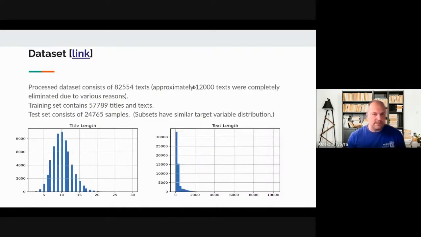As a result, we have a dataset which consists of about 82,000 texts. About 12,000 texts were removed for various reasons. We split our dataset into a train set of 57,000 and a test set of 24,000 samples, and all subsets, train and test, have a similar variable distribution.